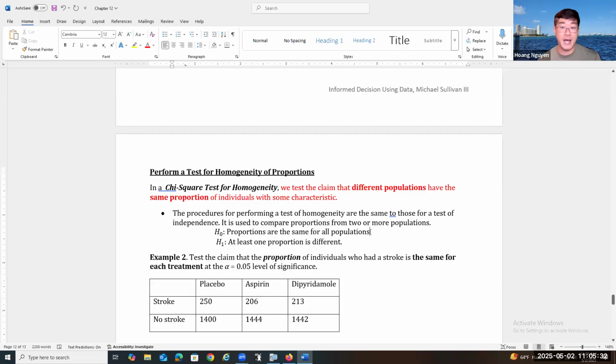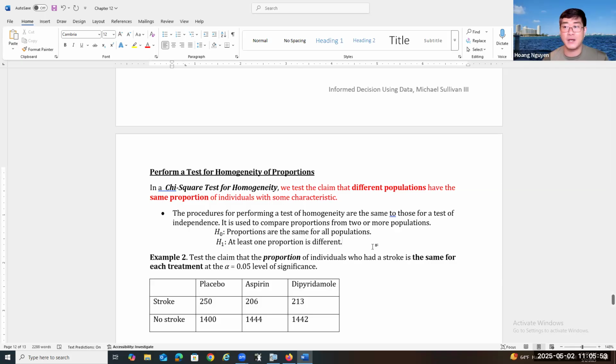So all of the categories have the same proportion. And for the alternative hypothesis, we say that at least one proportion is different. So that's how we state the null and the alternative hypotheses.